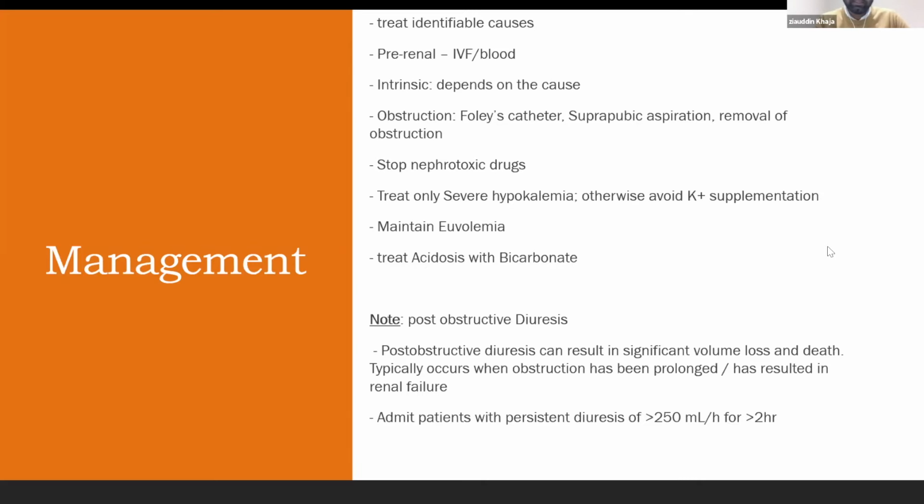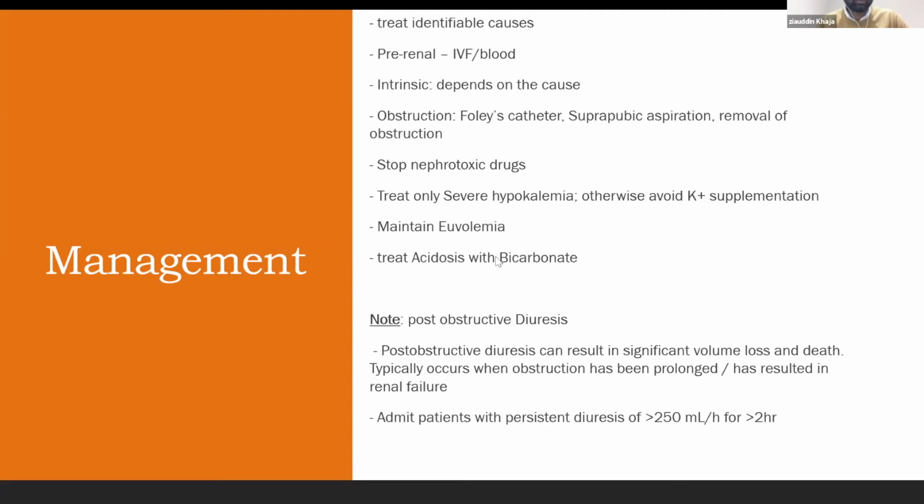So this line, if it is severe hypokalemia, then you treat it. Otherwise, you avoid potassium supplementations, and then always maintaining euvolemia. And what I mean by this is if somebody has AKI, or especially who have chronic kidney disease, and on top of that they're having AKI, we know that they've not had urine output for quite some time.